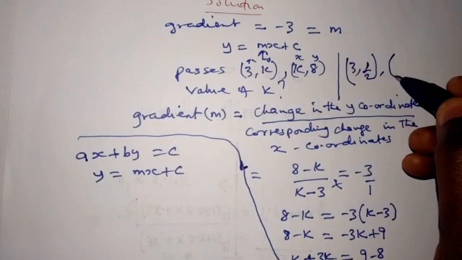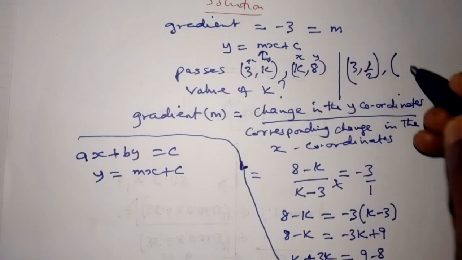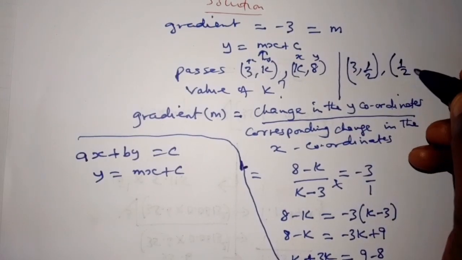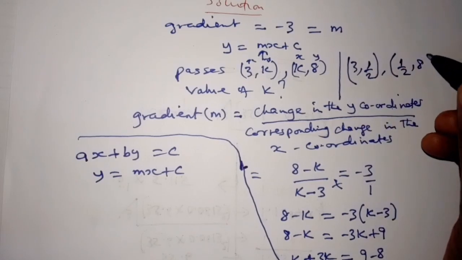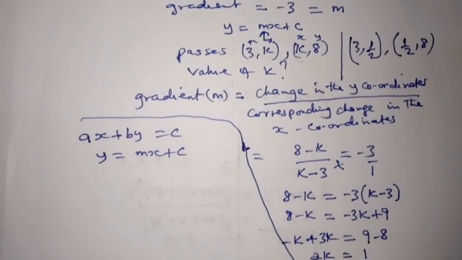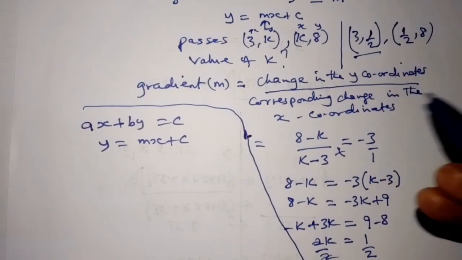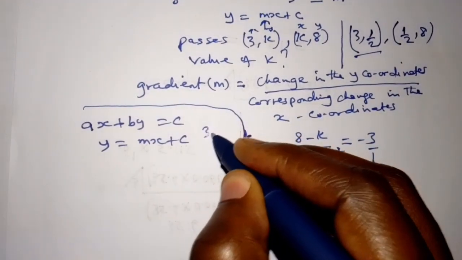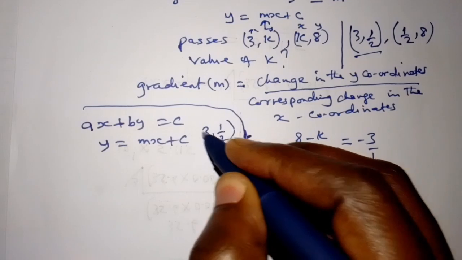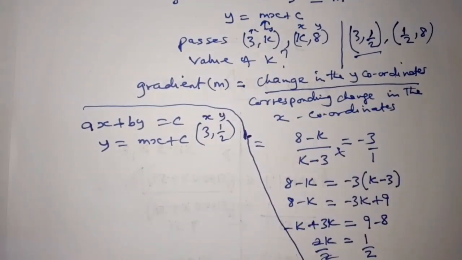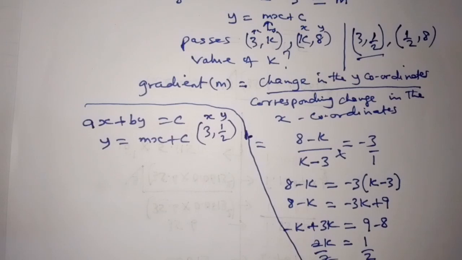The second point is (k, 8); we substitute k with a half. We can use one point here. Let's use point (3, a half). You know that this is x, this is y.